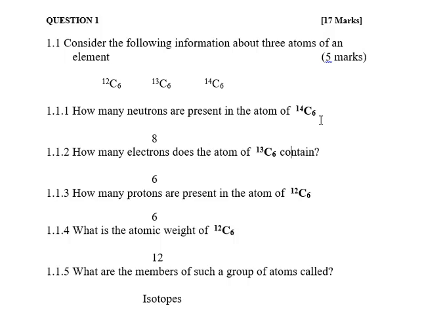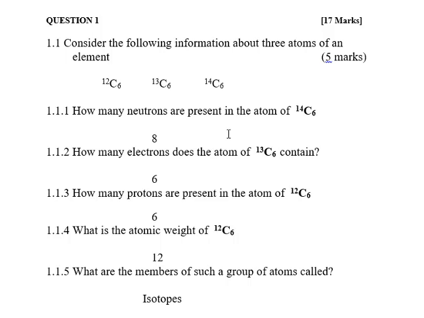If protons plus neutrons is the atomic mass and protons is 6, it follows that your neutrons will be the atomic mass minus the number of protons. So 14 minus 6 gives you 8. And that's how we got 8 here.